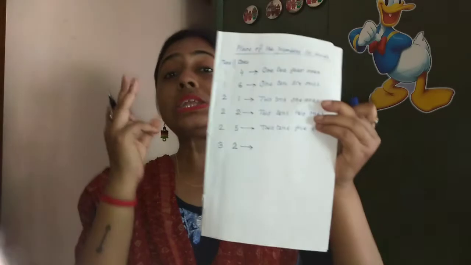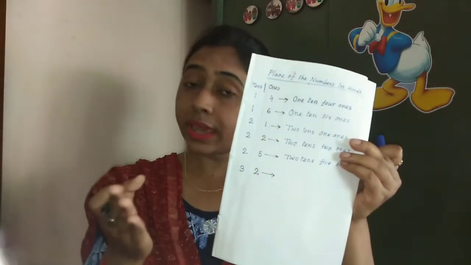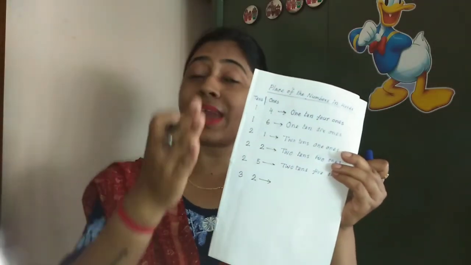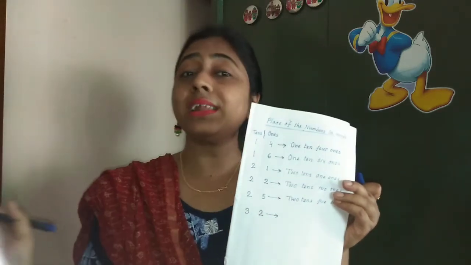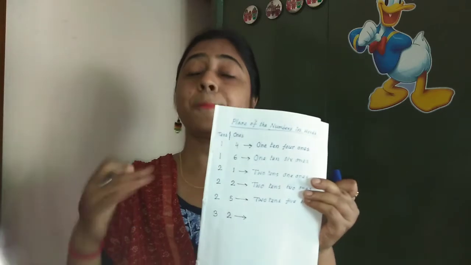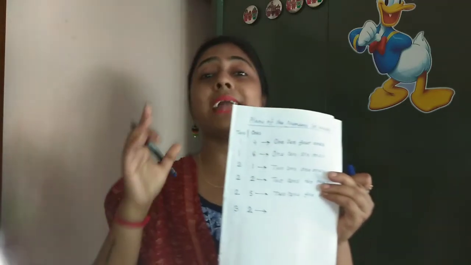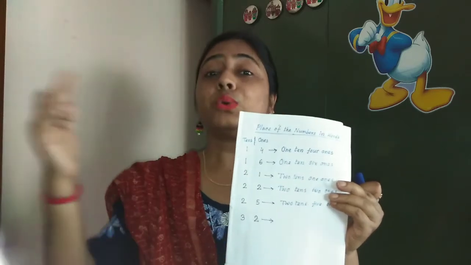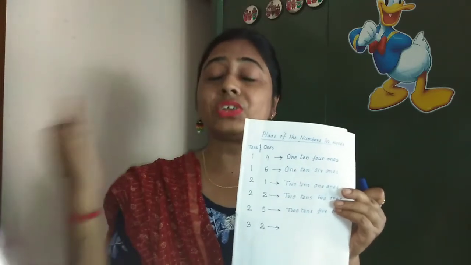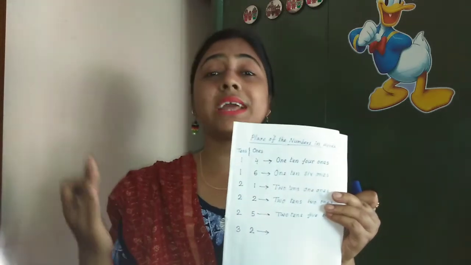So 32 means 3 tens. In the live class you can also say it with me. I know you are practicing at home that 10 objects make 1 ten, 2 tens means 20, 3 tens means 30, 4 tens means 40.